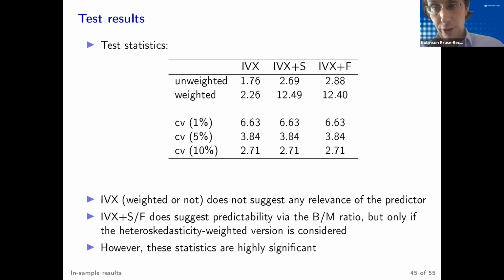If you, in turn, use more than one instrument, but you do not weight the data, you get test statistics of 2.69 or 2.88. Both of them just borderline significant at the 10% level. One is, one isn't. And now if you weight in accordance as we suggested, you get, without any doubt, a significant result. So that is in sample.